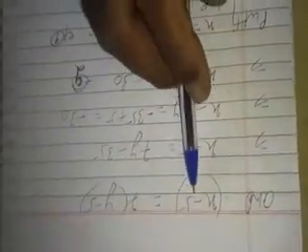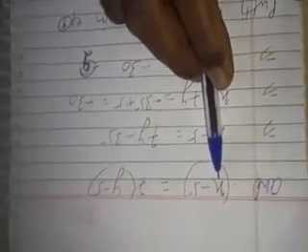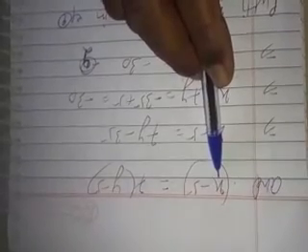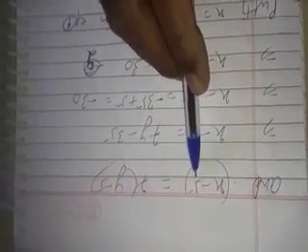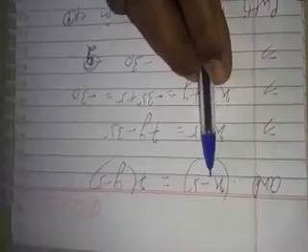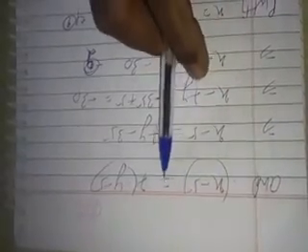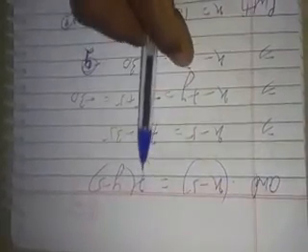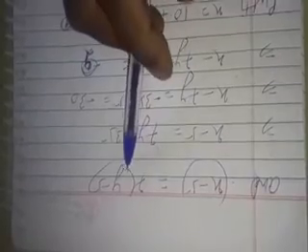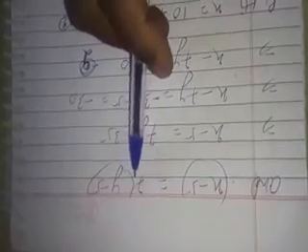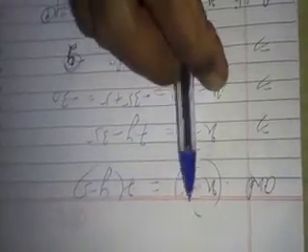And in the second condition, the age of Jacob 5 years ago is equal to 7 times the age of his son 5 years ago. Then again we have to find out the age of both Jacob and his son 5 years ago.